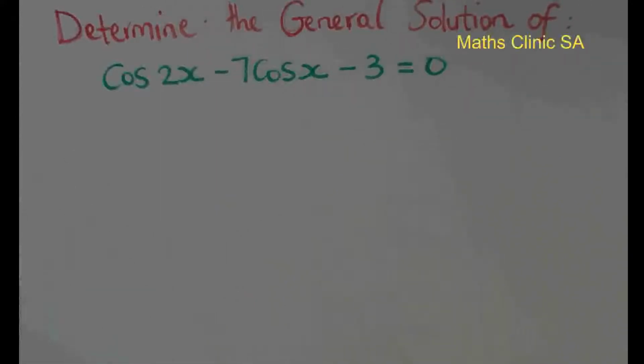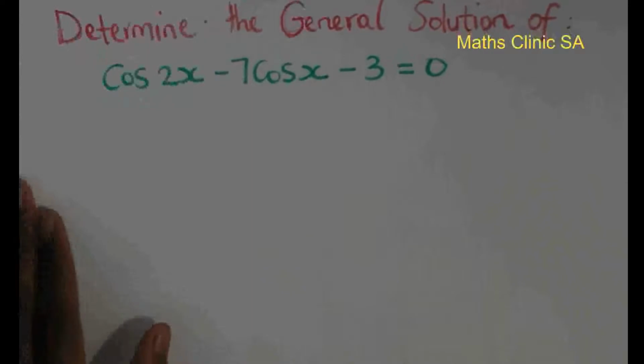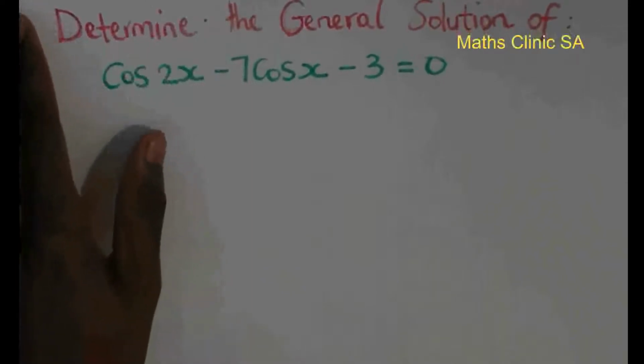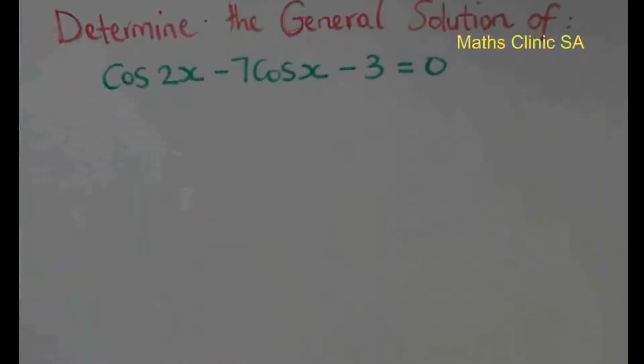Now, equation 2, let us determine the general solution of cos of 2x minus cos of x minus 3 equals 0.